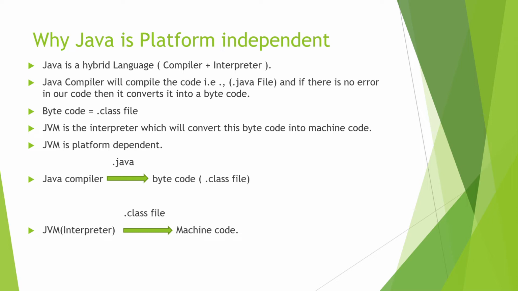So we can take this bytecode and execute it on different operating systems like Windows or Linux or Unix, whatever it may be. We get the same output, because the JVM depends on the system calls of the particular operating system. It converts them into machine codes. So that is how the JVM makes Java platform independent.